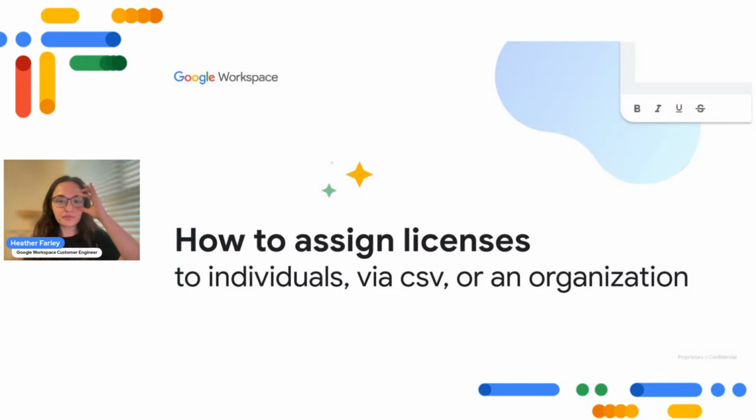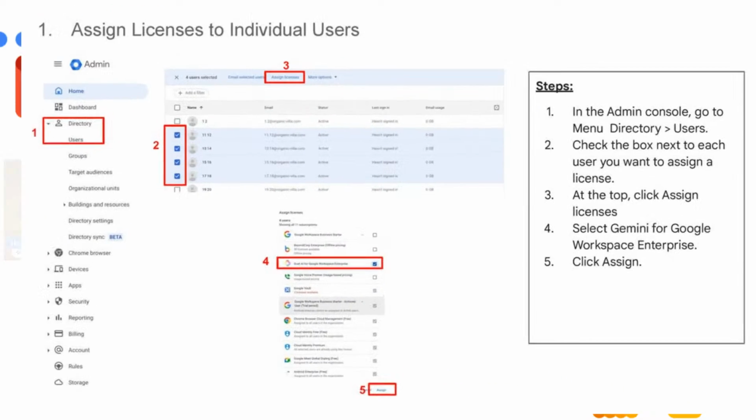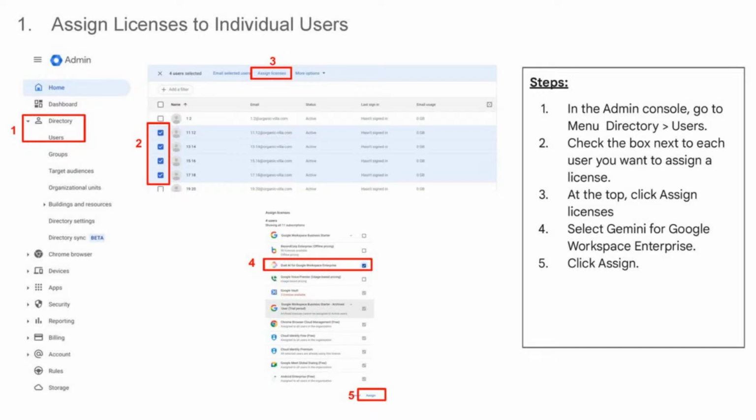labs. But I digress. If you haven't assigned licenses already, what I'd recommend doing is going to admin.google.com if you are a Google Workspace administrator. What you should do here is go to the left-hand panel and drop down directory. From here, you'll be able to select users.